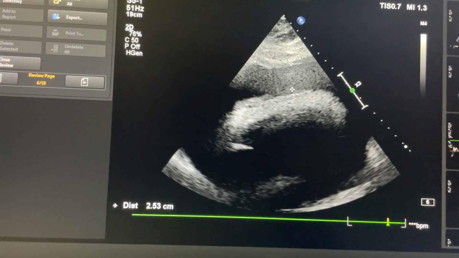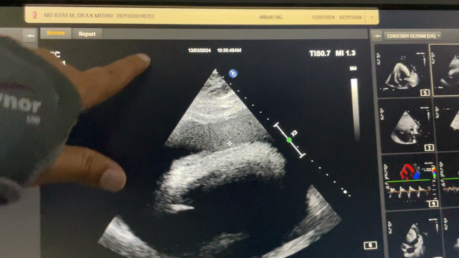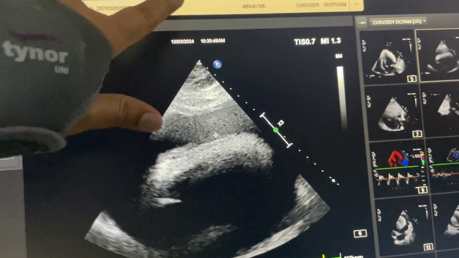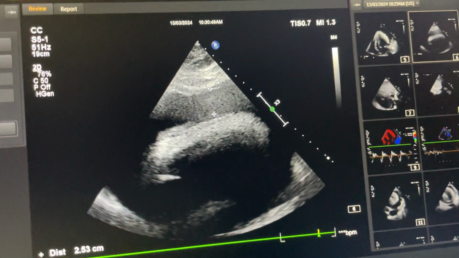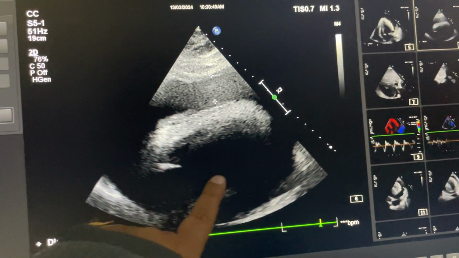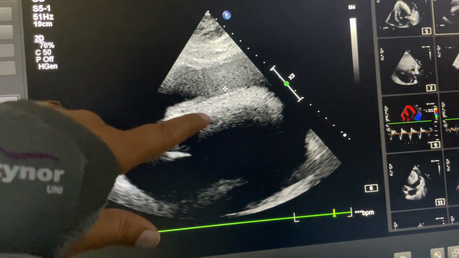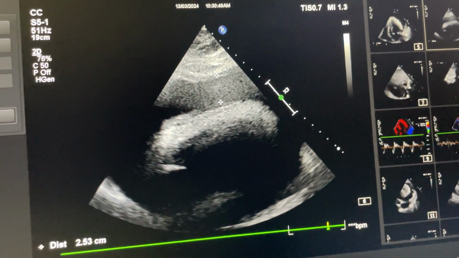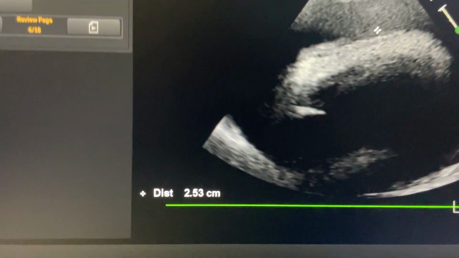So effusion is inferior to right ventricle. The most superior part of the image on the screen is the most inferior part. So we call it inferior to right ventricle. The extent of effusion in this case is 25 millimeter.